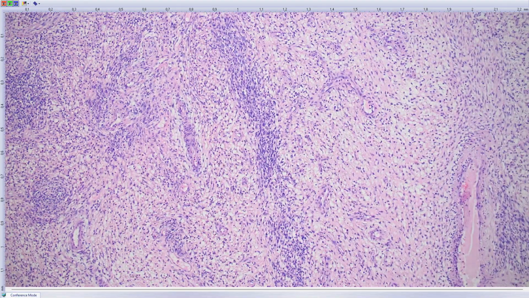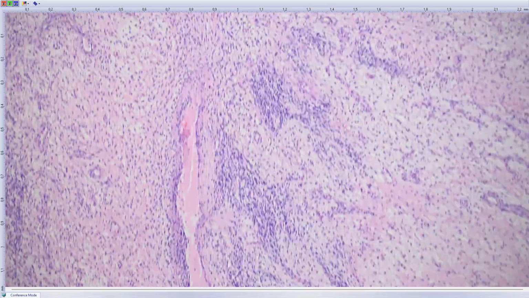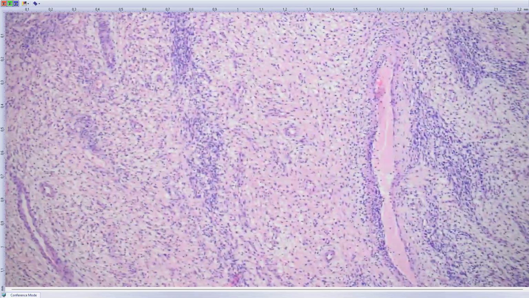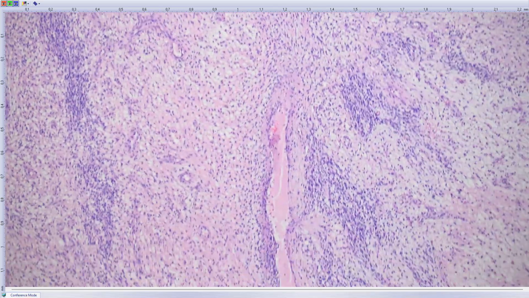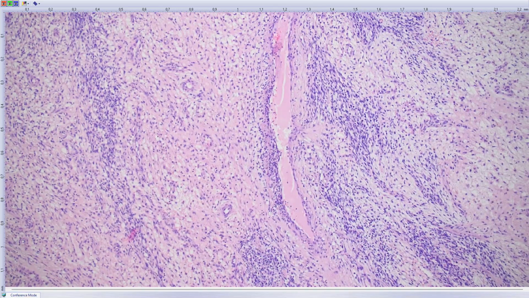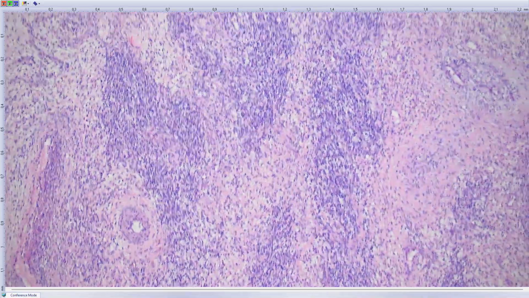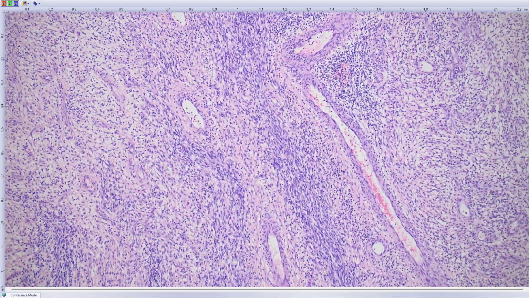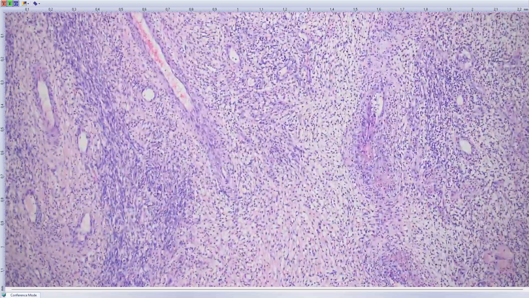There are hypercellular areas alternating with more myxoid or hypocellular areas, and these tumor cells are sometimes forming clusters, and sometimes they are gathering around vessels or in other areas around entrapped non-neoplastic glands.